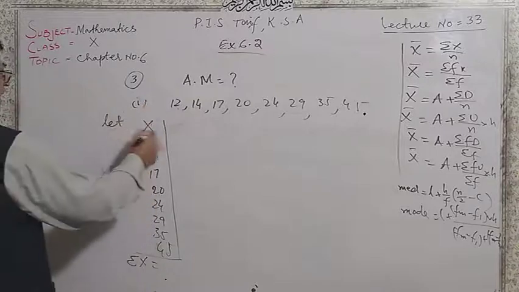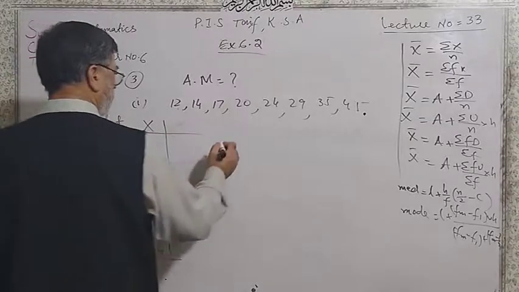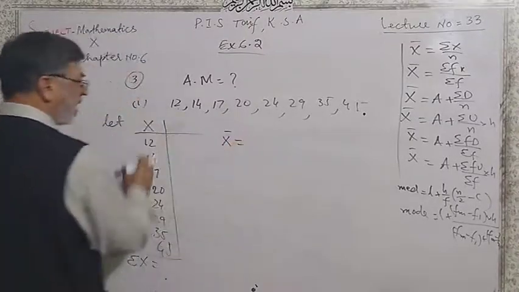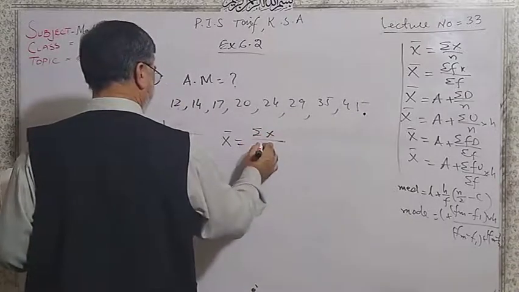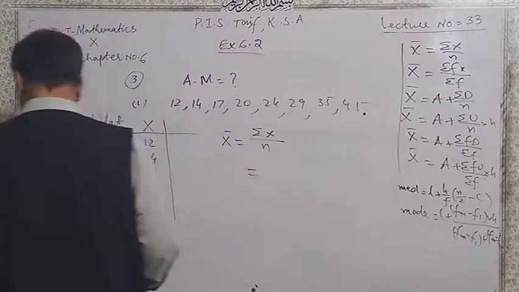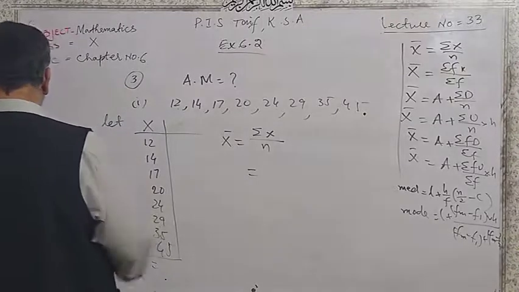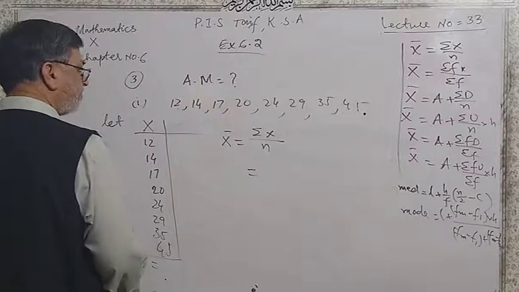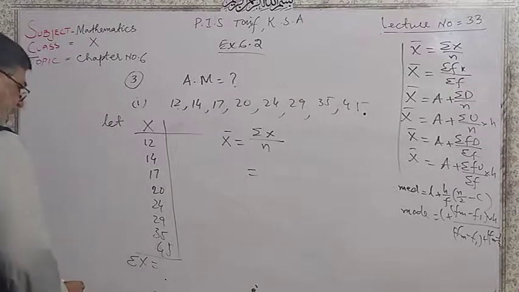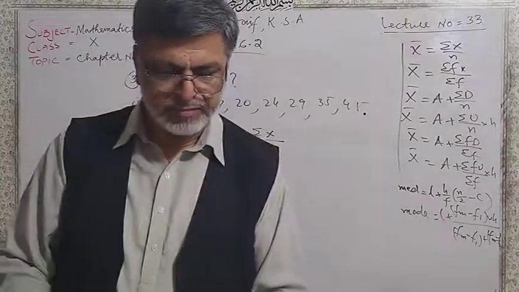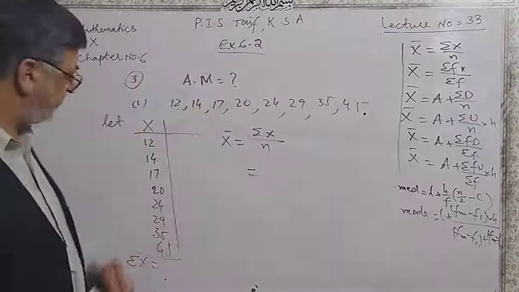You add all values, that is known as sigma x. So x bar, because it is ungrouped data, we will apply the first formula, sigma x over n. If we have sigma x, you add all values, what will be? You can check. That is 196.